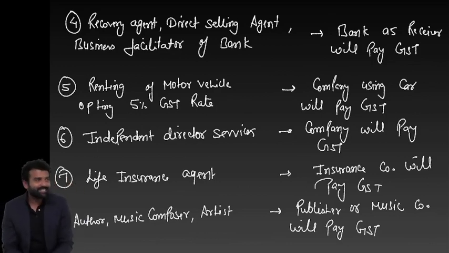T-Series will pay GST as a receiver, because that producer, that publisher is a giant. So on behalf of the artist, that producer company, that publisher company will be paying GST. Are you getting it? Yes.